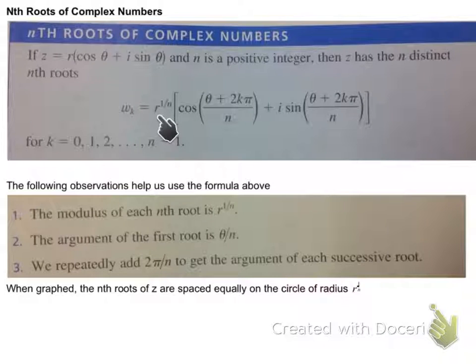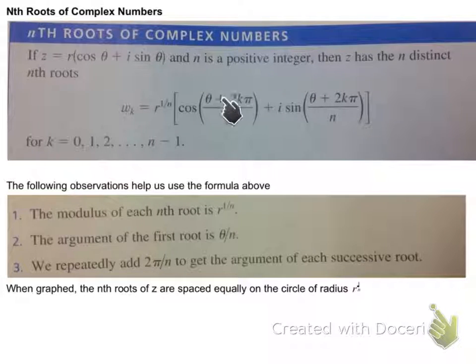If I was to take an nth root of this thing, the power of a product property still applies. I would take the 1/nth power of r, but I'd also then have to take the 1/nth power of this thing. And the way this works is that you always start off with your original theta plus 2k pi, but you divide everything by n, on both sides.